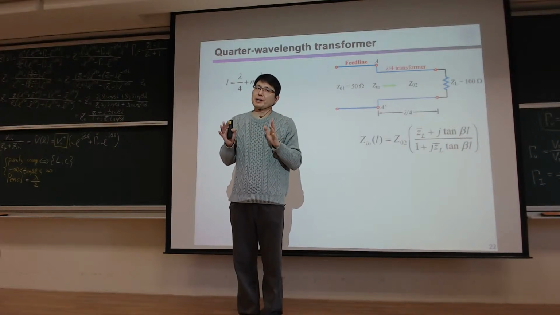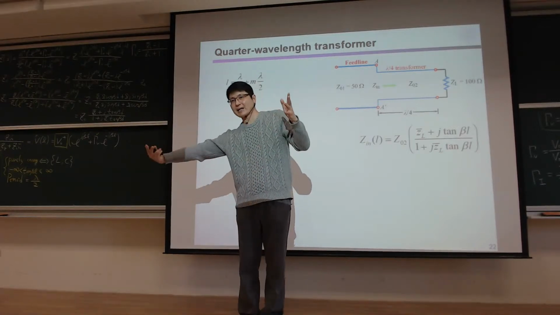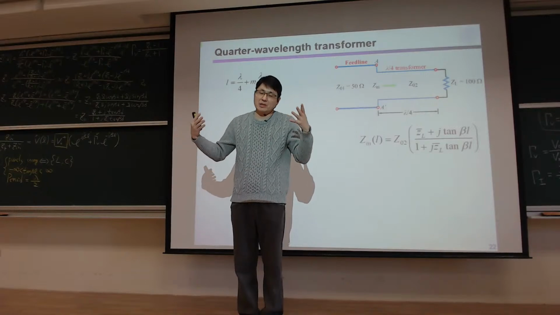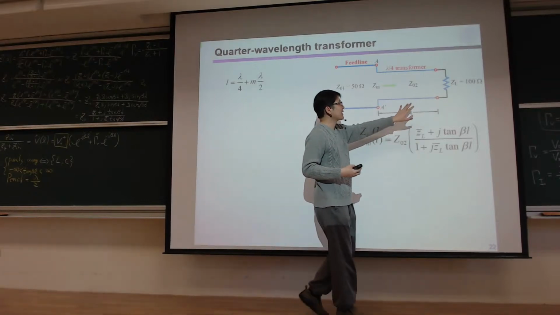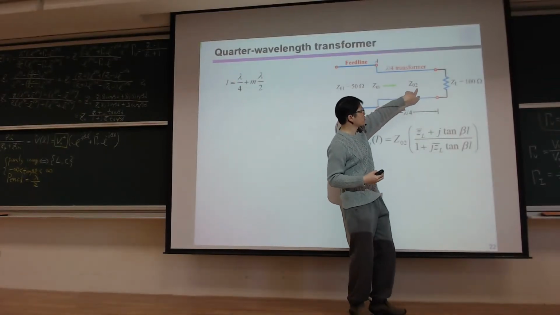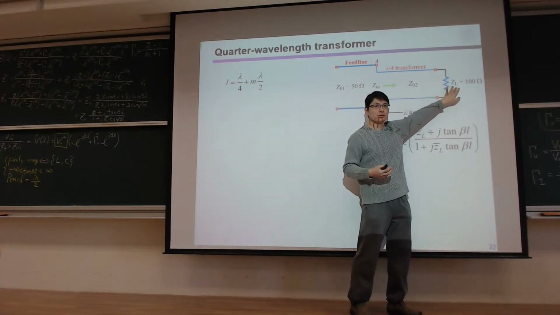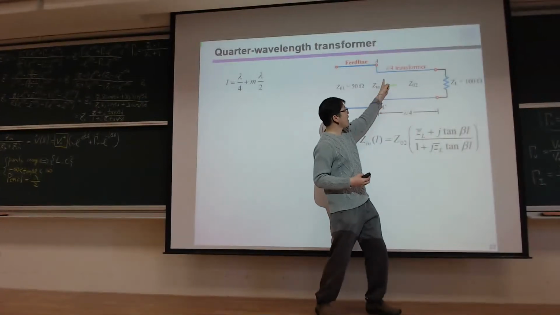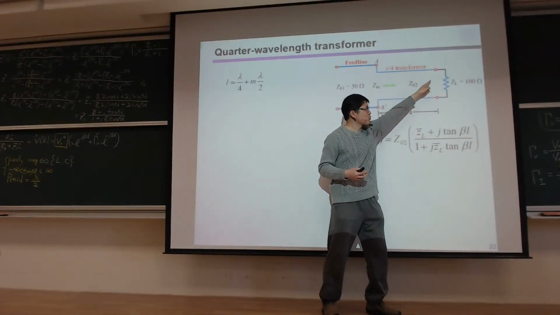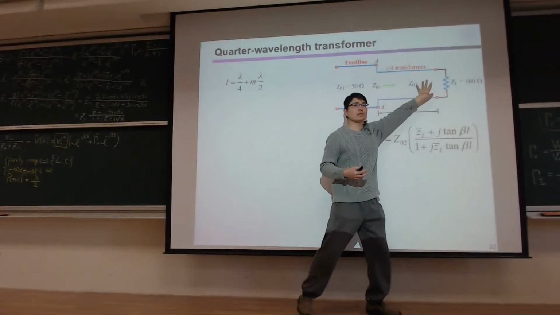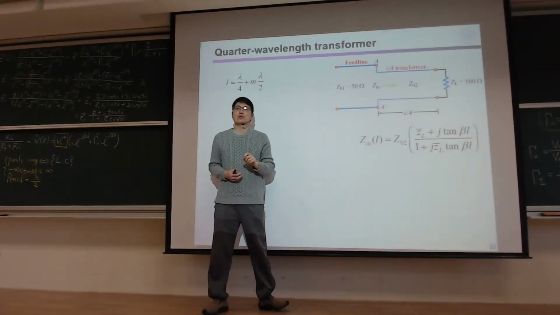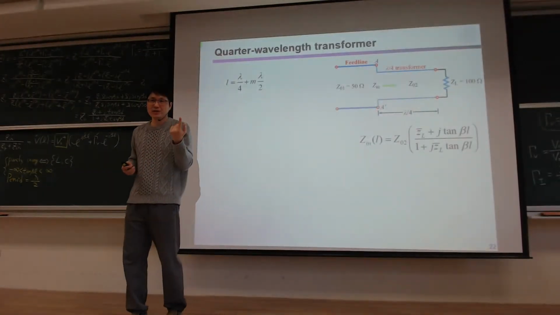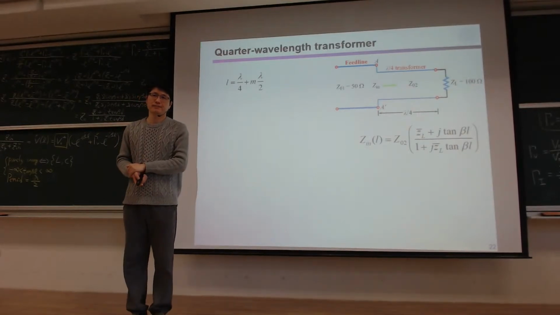But is there any possibility I have a second transmission line so that I can connect the second transmission line to my load, and I choose the right length so that together the second piece of transmission line and the load will match to the characteristic impedance of my first transmission line.